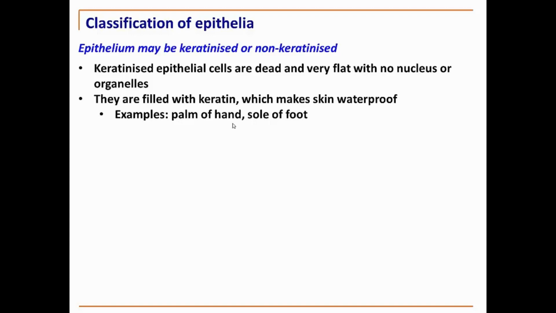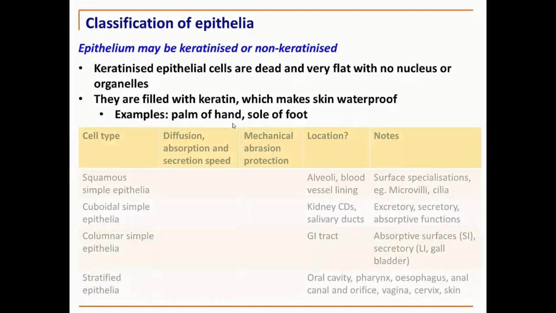Your keratinized epithelial cells are dead cells, they're very flat, and they don't have a nucleus with the DNA in it, or any organelles, so your ER, your Golgi, etc. They're filled with a protein called keratin. This keratin is what makes your skin waterproof, for example the palms of your hands or the soles of your feet.